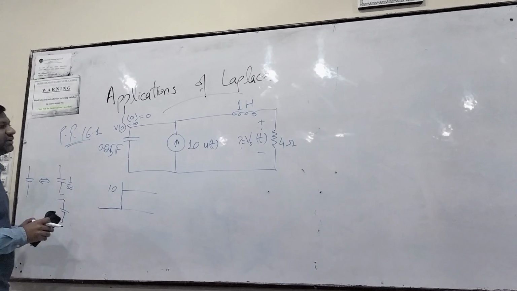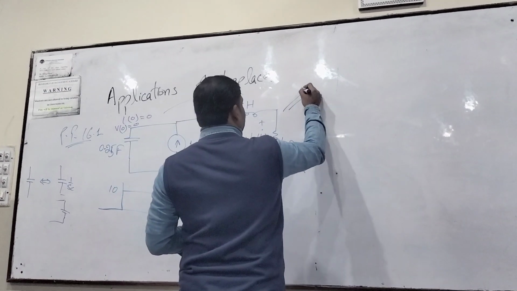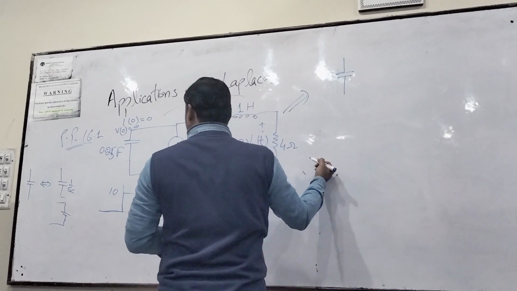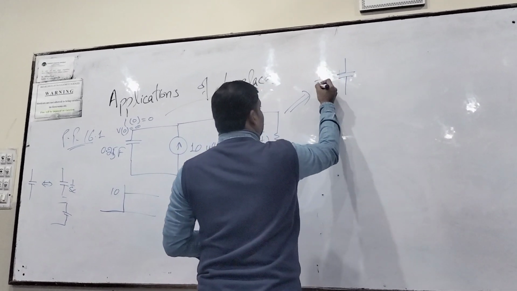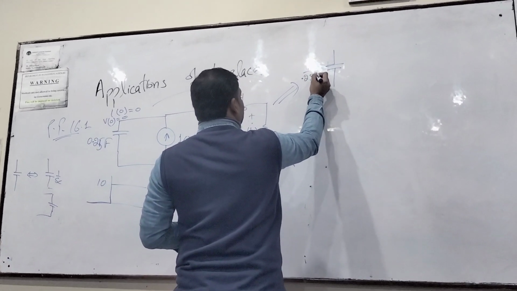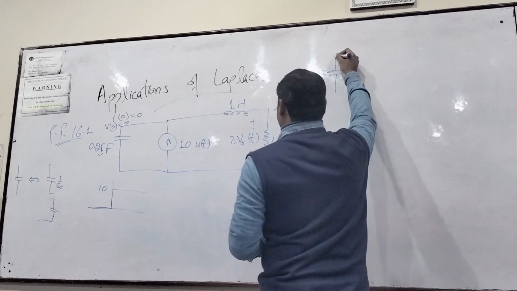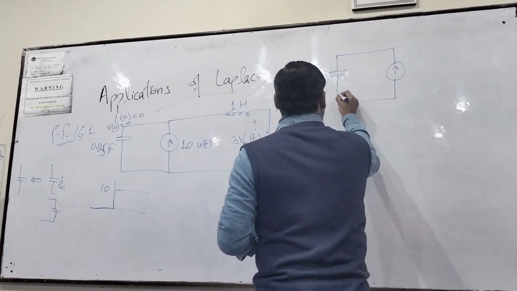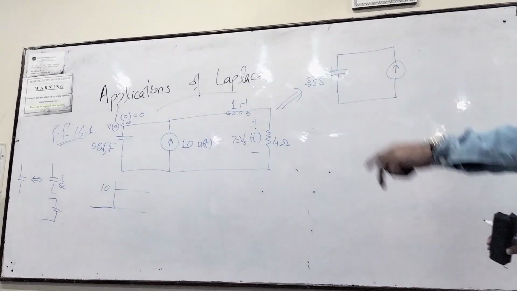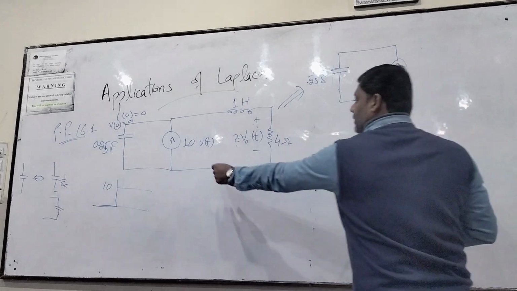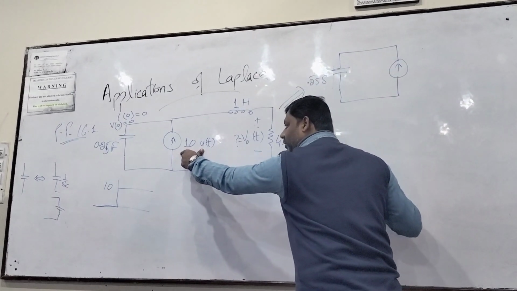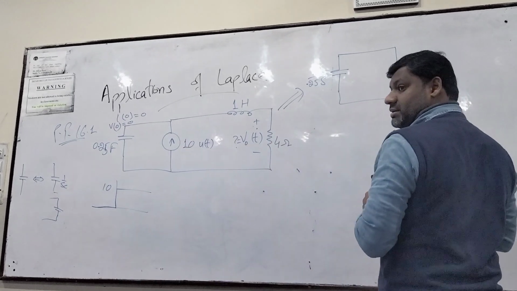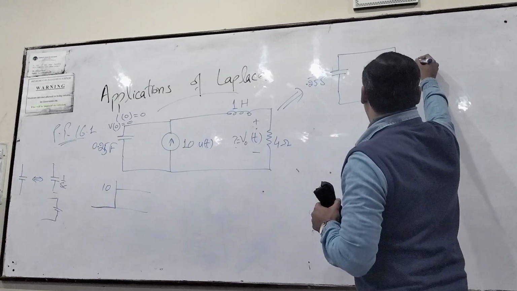So let's transform the circuit. The capacitor is 1 over sC, which is 1 over 0.25 s. Amran, what is the Laplace transform of this current source, 10 u of t? 10 by s.